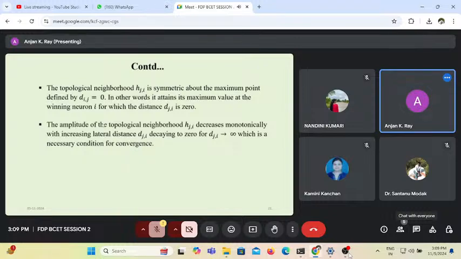Again, at d_ij equal to 0, h_ij is at its maximum point. In other words, it attains the maximum value at the winning neuron i, for which the distance d_ij is 0. The amplitude of the topological neighborhood h_ji decreases monotonically with increasing lateral distance.